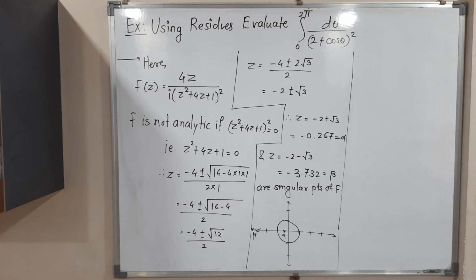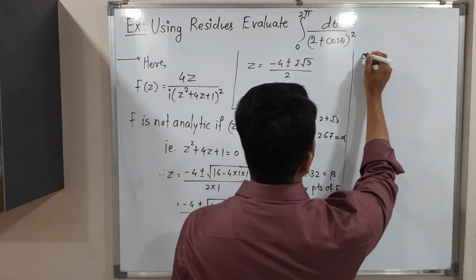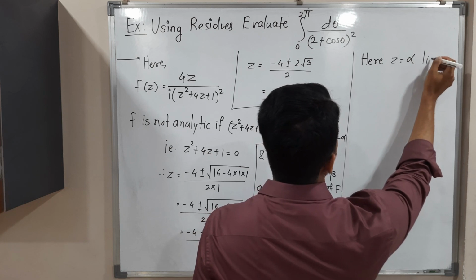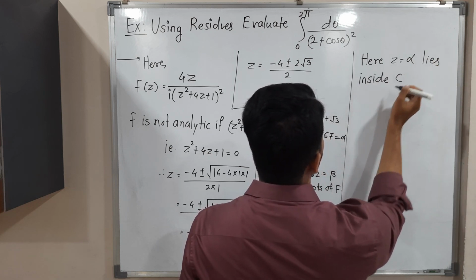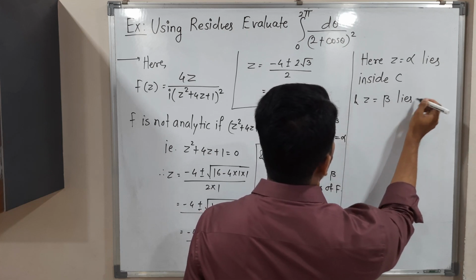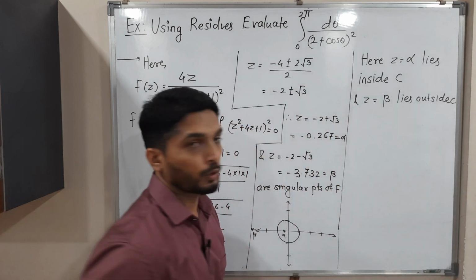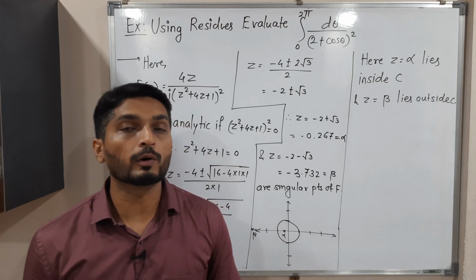Okay, so I should mention here, therefore, z is equal to alpha lies inside C and z is equal to beta lies outside C. Okay, so it is clear that we have to find residue at z is equal to alpha only.